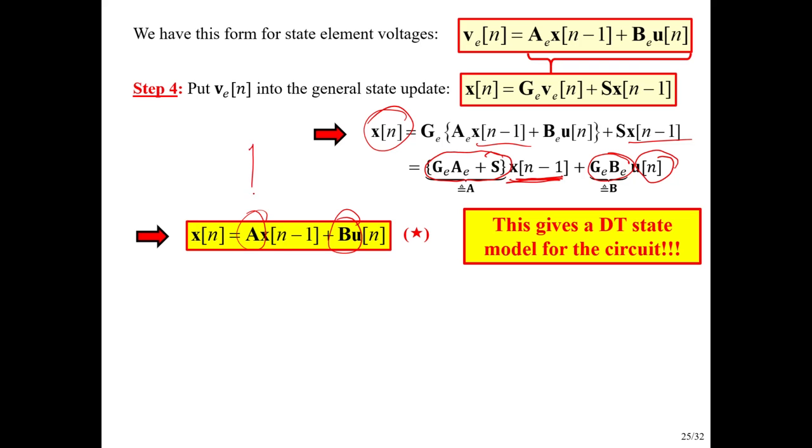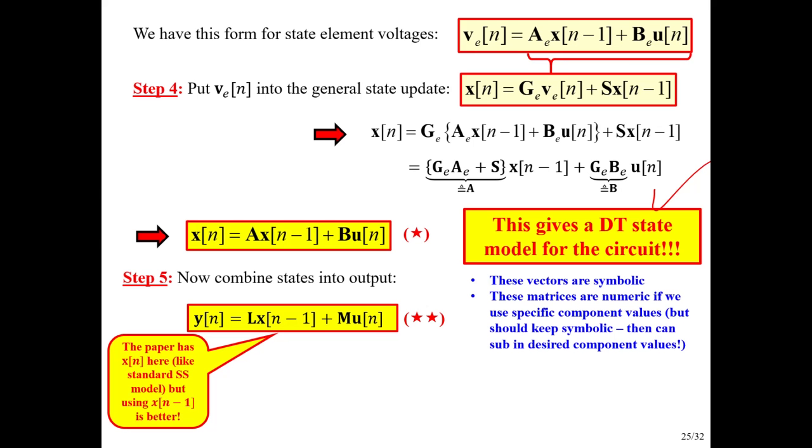But after the dust settles, we've got A and B symbolically in terms of resistor values, capacitor values, and inductor values, and maybe mutual coupling values if we have transformers. So look, I made that heavy red border, bright yellow fill with a star next to it and a big notation next to it. That's an important equation.